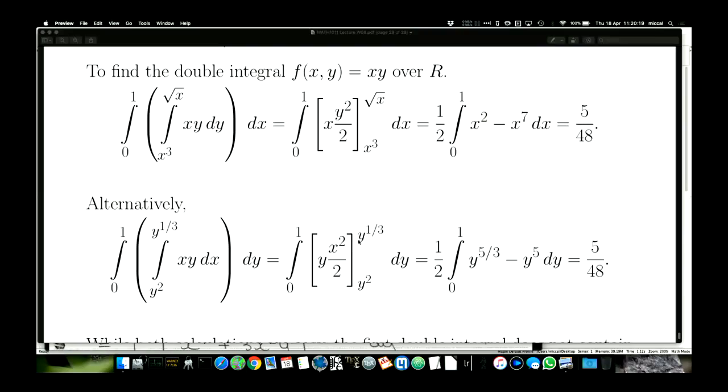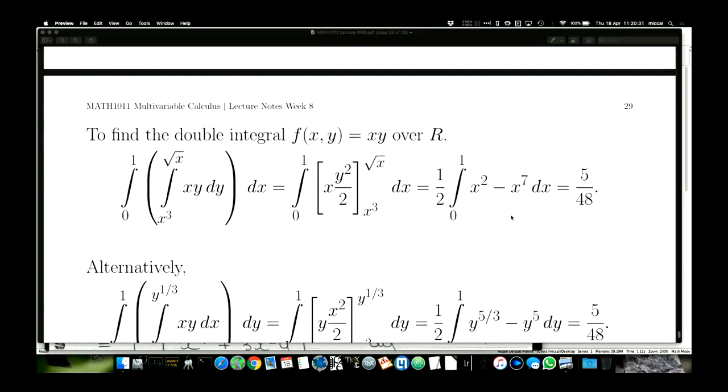When I do it by hand, I put x equals y to the third and x equals y squared, so I don't stuff it up. Then you get 5 on 48 when you actually do it. Or I do it the other way. Intermediate steps are different, but the final answer must be the same. They're both about as difficult as each other.